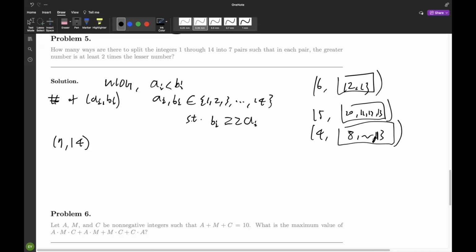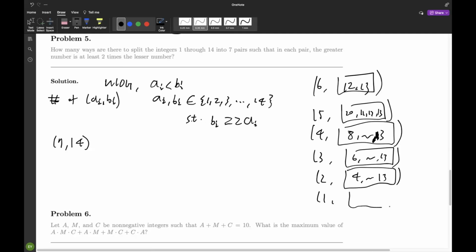If you have 3, then we have 6 through 13. With 2, it is quite obvious: 4 through 13. With 1, we have 2 through 13.